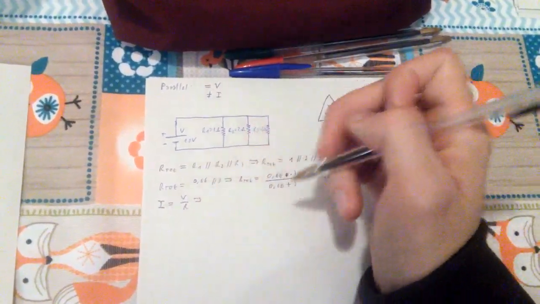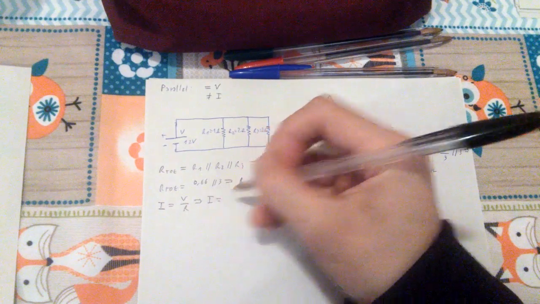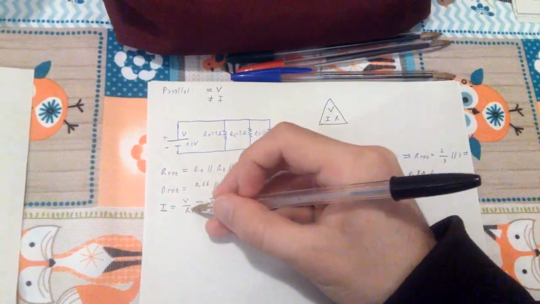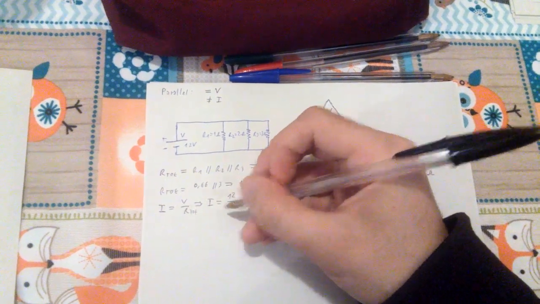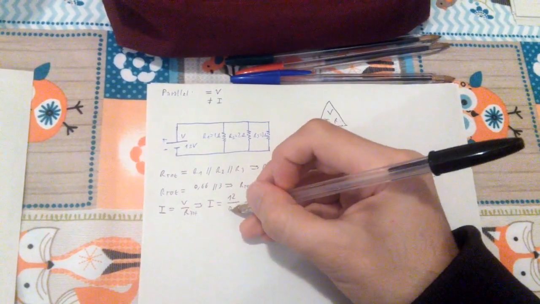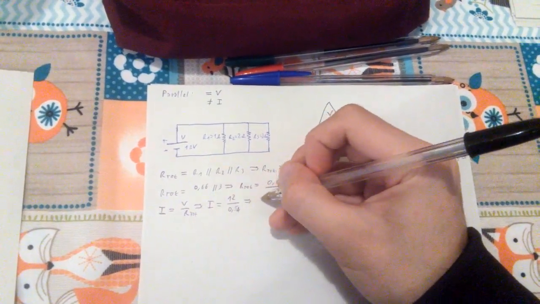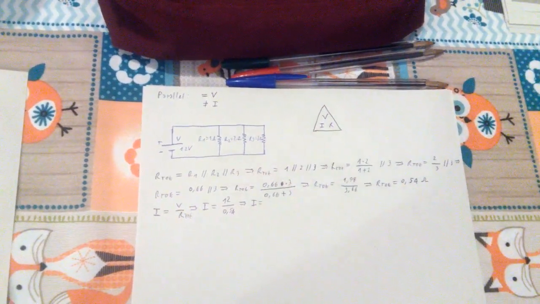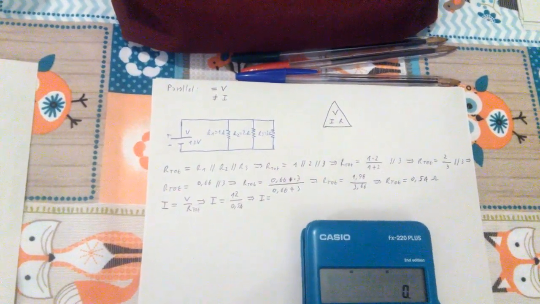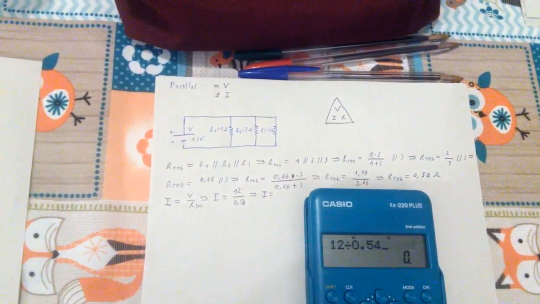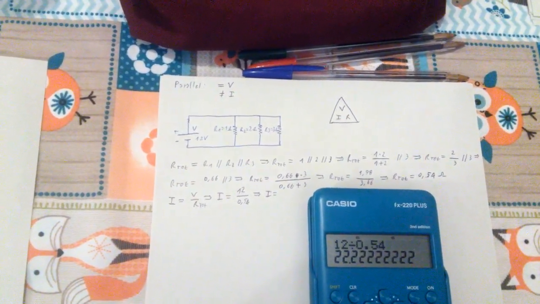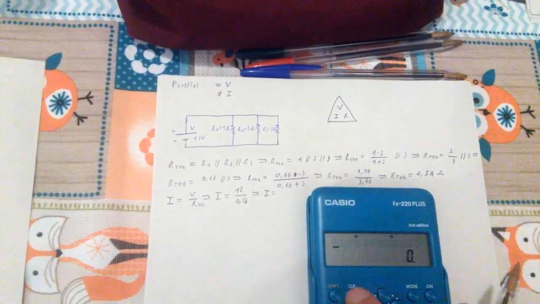We're going to use this several times. So I should really be writing R total. So 12 volt over R total, which is 0.54. So 12 over 0.54 is 22.2. I'm just going to write 22 amps.